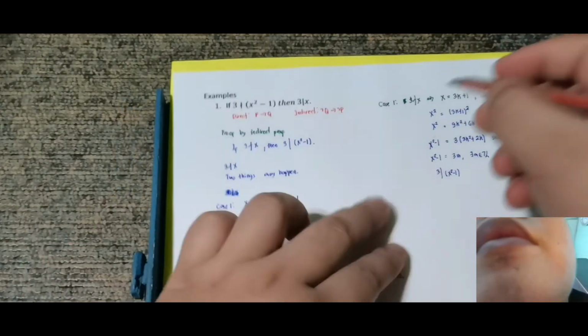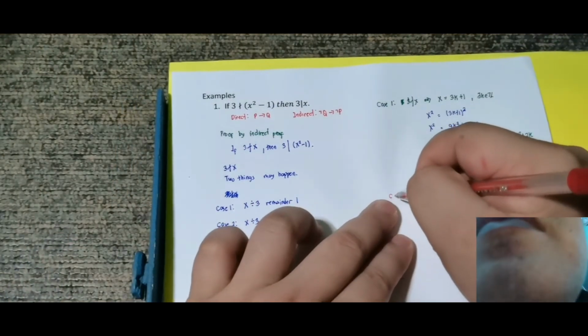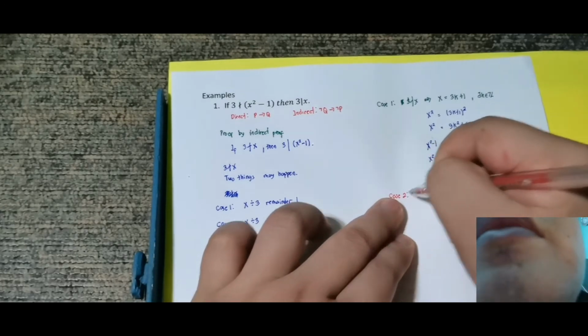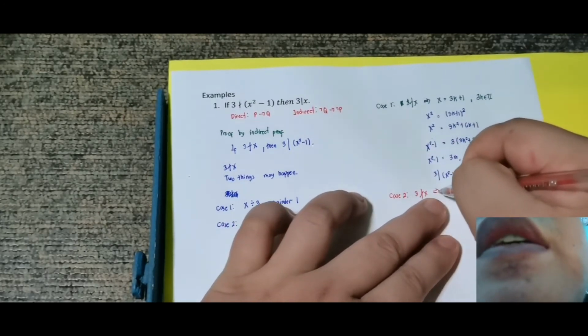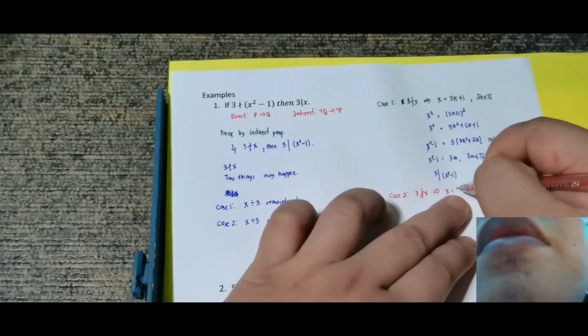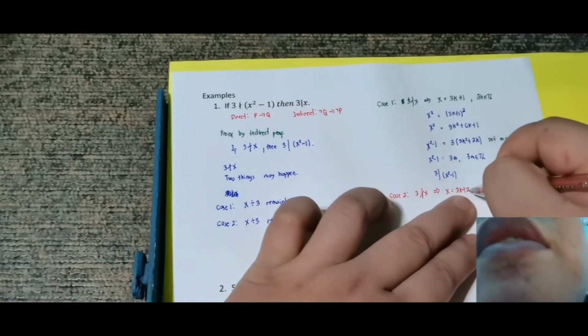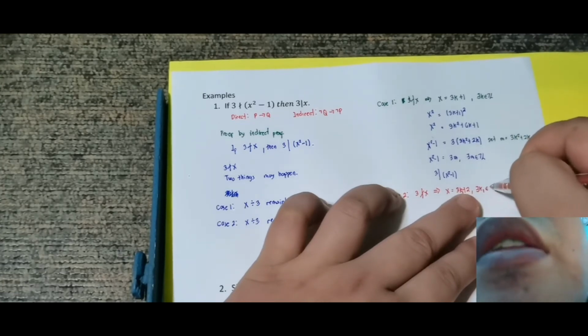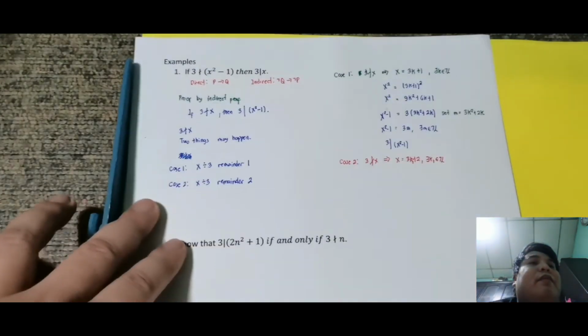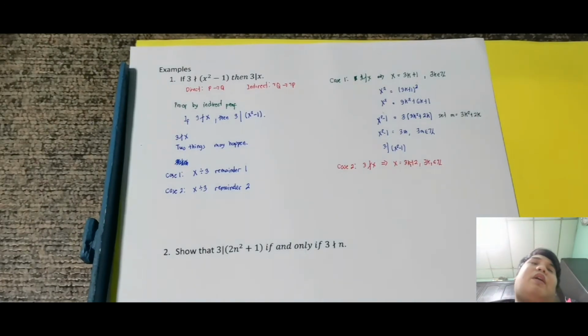Okay, next case 2. 3 does not divide x. This implies that x is equal to 3k sub 1 plus 2, for some k sub 1 element of integers. Okay, so ano mangyayari? Siyempre, ganun ulit. Same approach.